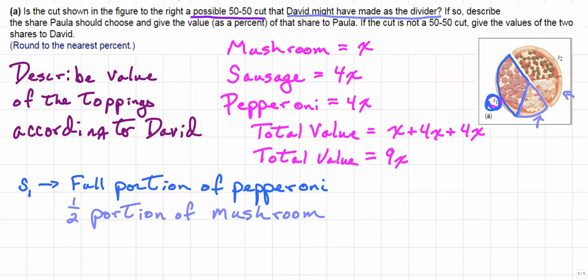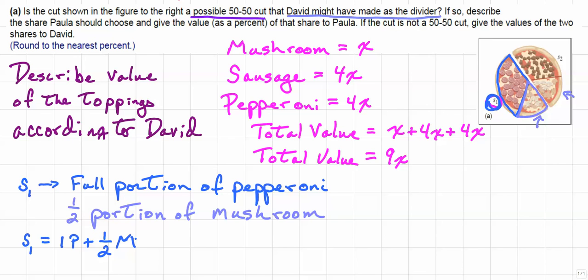So what we want to do is discuss what side 1 is worth in terms of David's values. So let's look at side 1. We notice that side 1 is equal to a full portion of pepperoni, so that would be 1p, plus a half portion of mushroom.